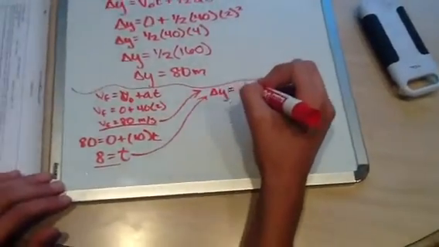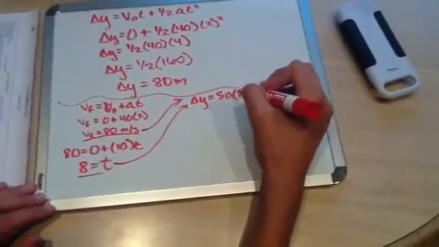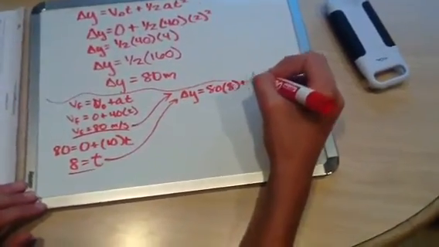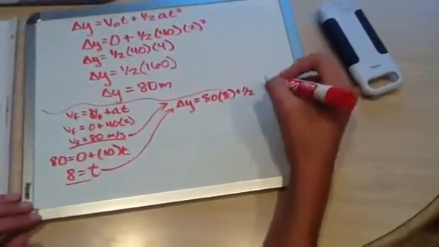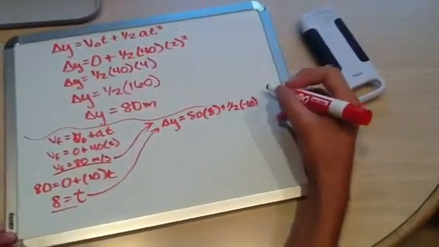We find distance by putting 80 times 8 plus 1/2 times -10, which represents the acceleration due to gravity.